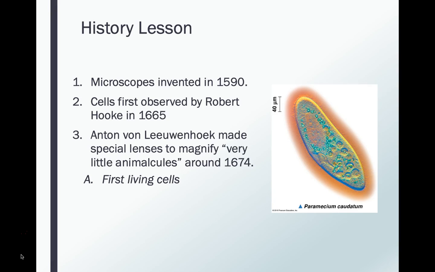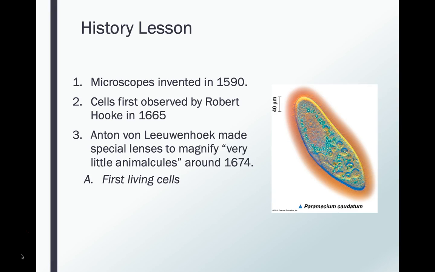A little bit later, a few years later, we have Anton von Leeuwenhoek. And he also was making his own magnifying lenses, and he really kind of observed anything and everything he could get his hands on. He observed the gunk in his teeth, he observed sperm, he observed all kinds of things, and he related the idea of these moving cells, he equated that to them being alive.